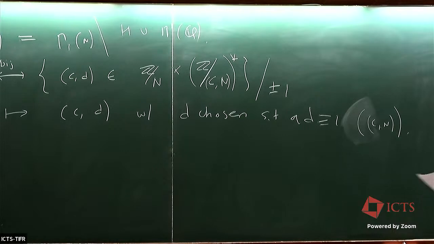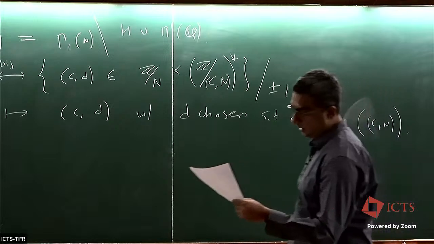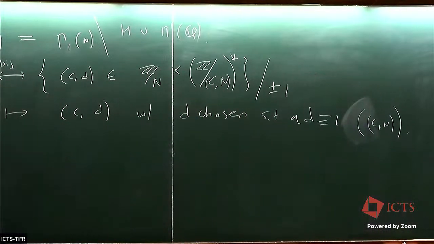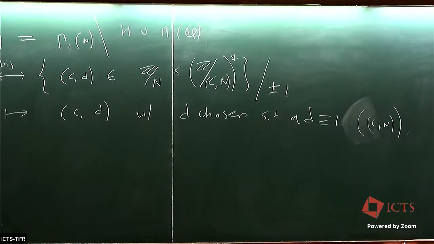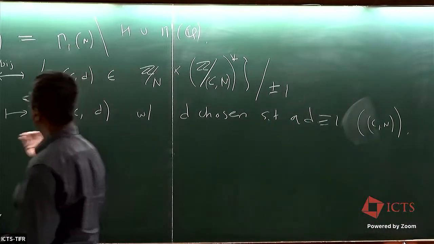So I have a small note to myself that if a is coprime to N and d is coprime to c, and a is coprime to cN. Anyway, let me not, some computation I have in my notes, but the point is you can solve for d. All right, so it's just a remark.